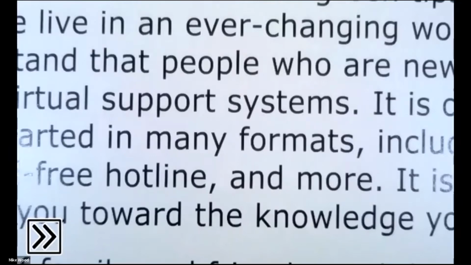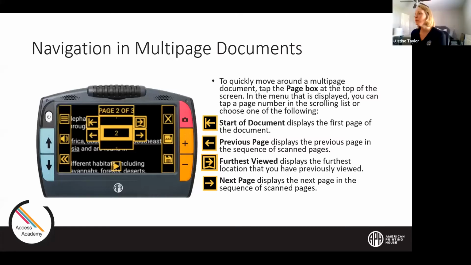Yes, I really like how easy it is to just get those multiple pages, and the navigation piece is really helpful. If you've got a 10-page article that you need to read and you're discussing it in class, and they say, we need to look at page 6, you can quickly jump into that page navigation and get to page 6, where everybody is in class.